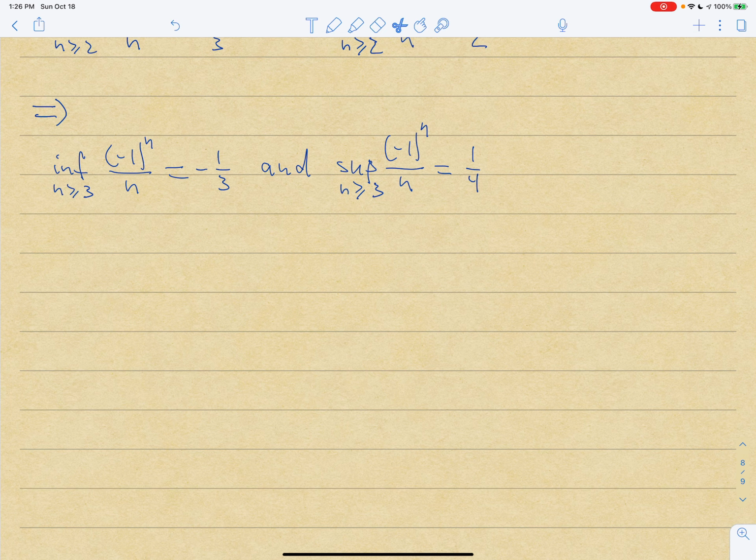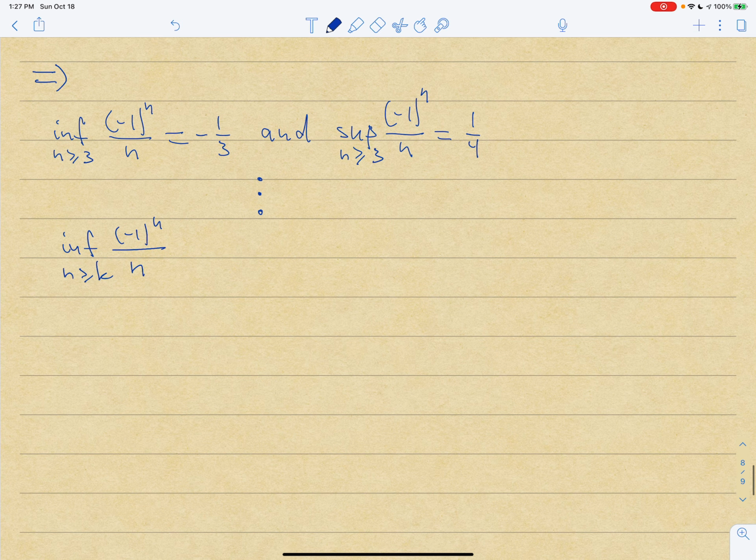And I can continue doing this. And in this case, let's say we're taking infimum starting from n greater or equal than k instead. And I want to figure out what that is, and I also want to do the same for this thing with the supremum.